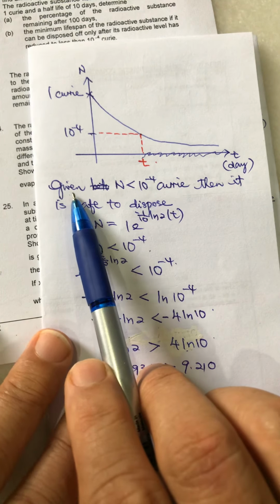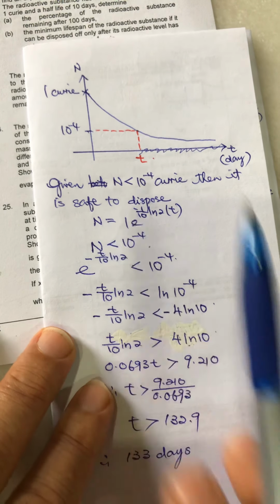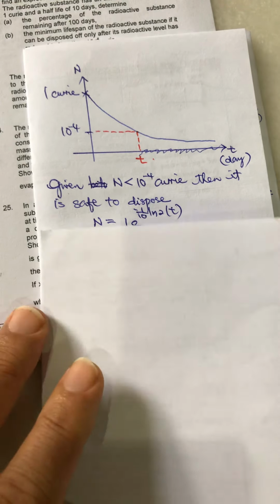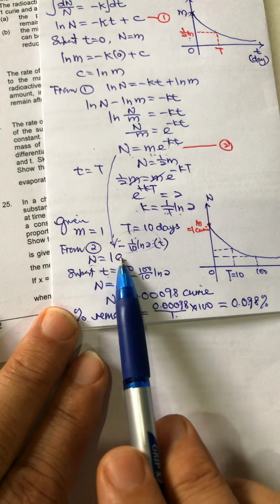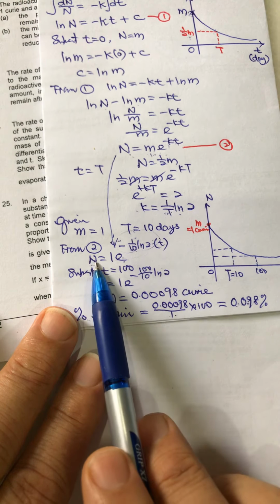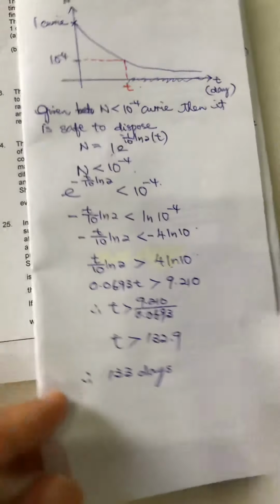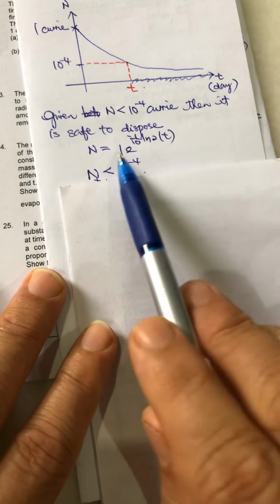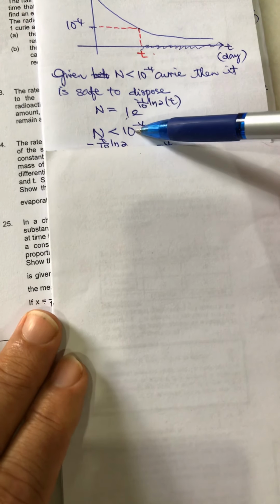So here, given n smaller than this one, then it is safe to dispose. We substitute back into the equation just now, and we want to find the t. We know the amount n should be smaller than 10 to the power negative 4, then it is safe.